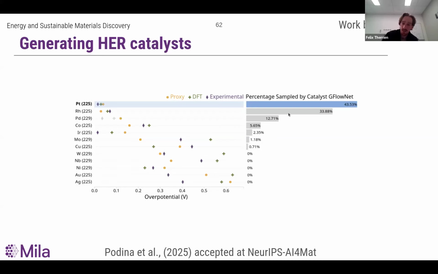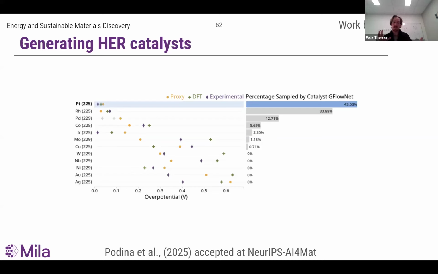Here you can see the number of samples generated by our algorithm for each of the metals. You can see that platinum was the one that was generated the most, which also makes sense with its predicted overpotential. And rhenium is the second one, which also makes sense with the experiment and theory.